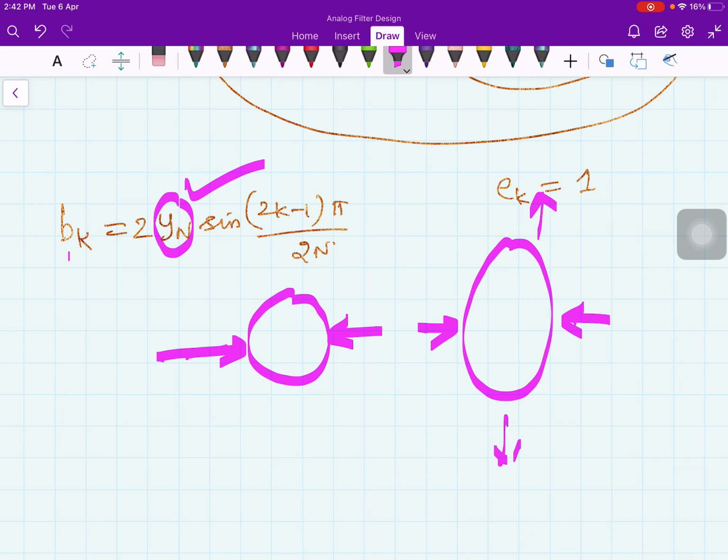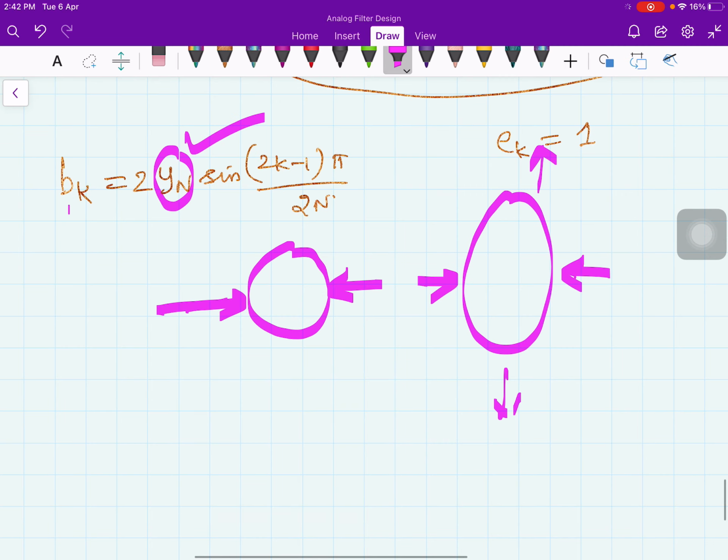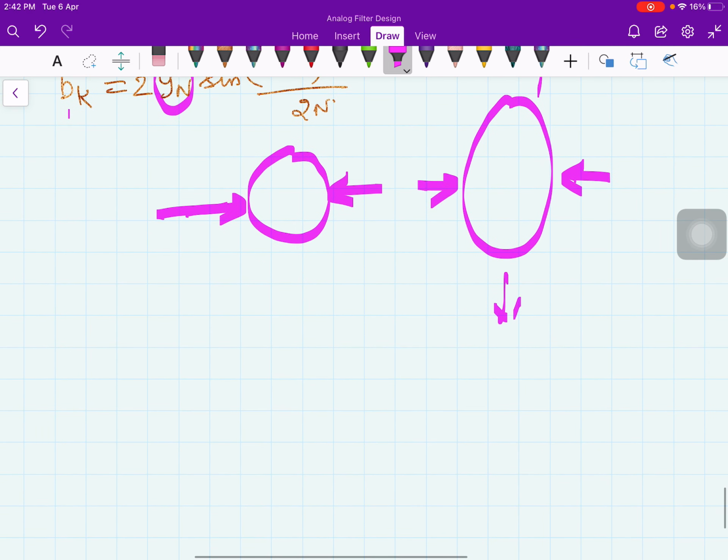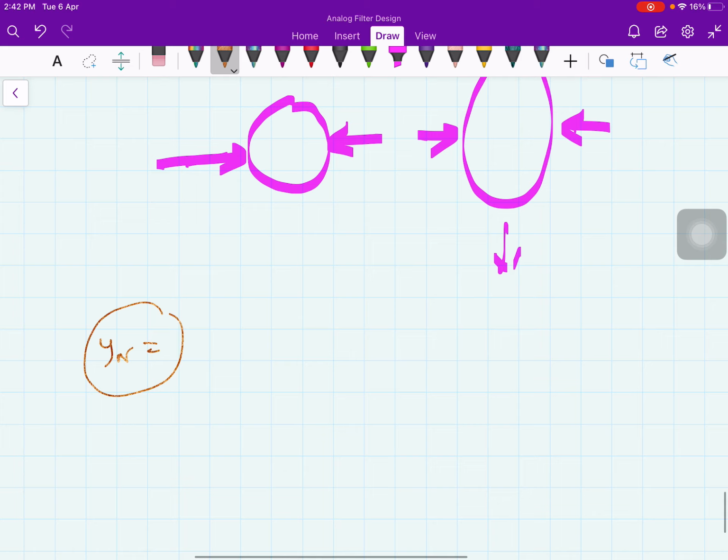Therefore y_N appears in the b_k as well as in the c_k. This y_N completely depends upon the order of the filter and the epsilon value, and it requires a little more calculation, but it is not too difficult.